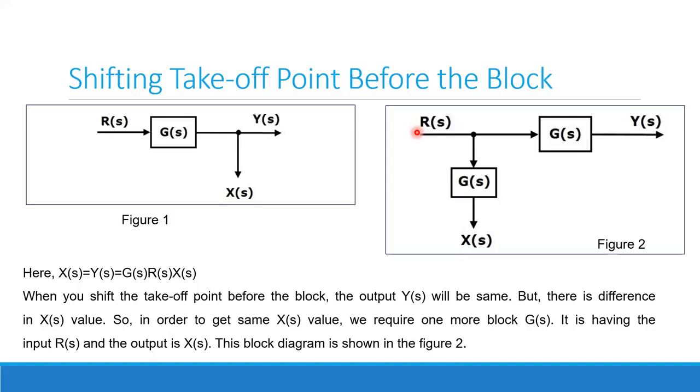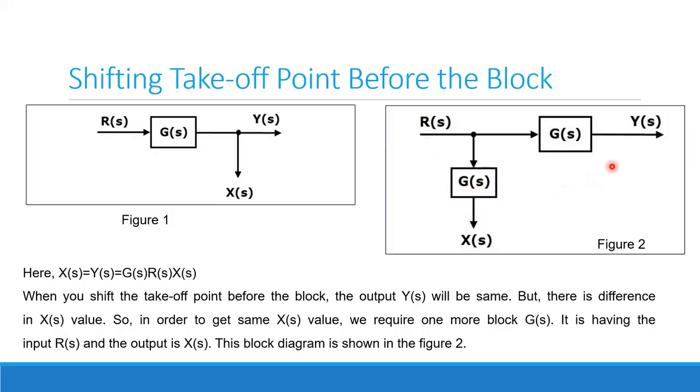Since we need to maintain it R(s) into G(s), we'll add one block which will have the value G(s), and that will keep the value of X(s) similar to the original one. Now if you see the converted diagram here, R(s) is coming into this block, that means this R(s) will be multiplied by this G(s), and you will get the value of X(s) as equal to R(s) into G(s).